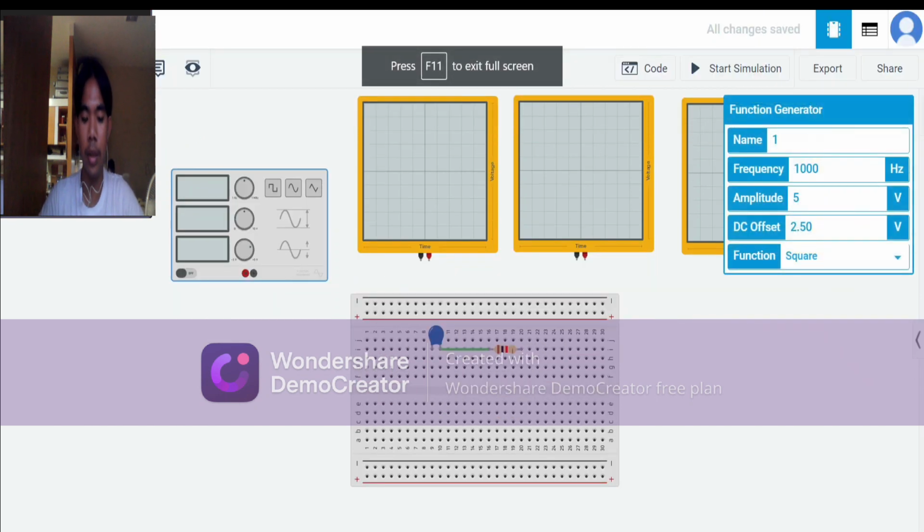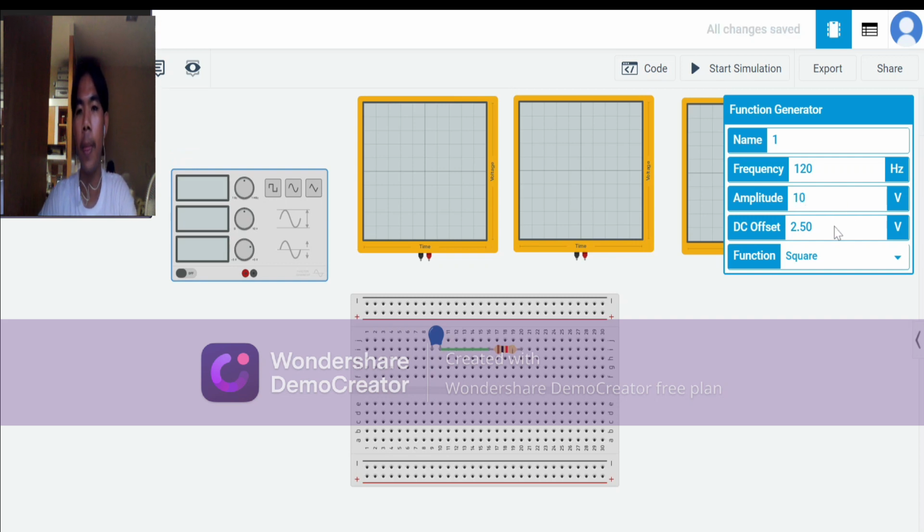We adjust the power generator to 120 Hz and the peak to peak is 10, offset is 0, and it's going to kill the signal outside.